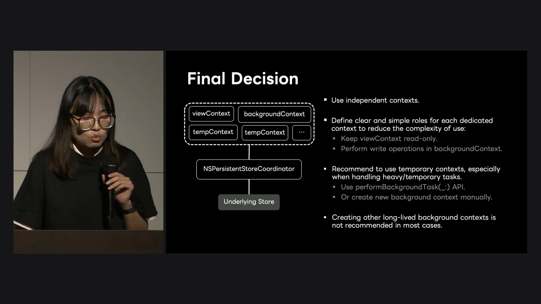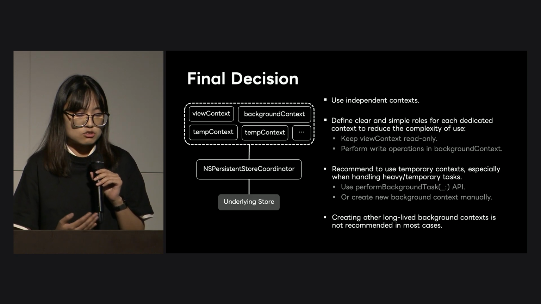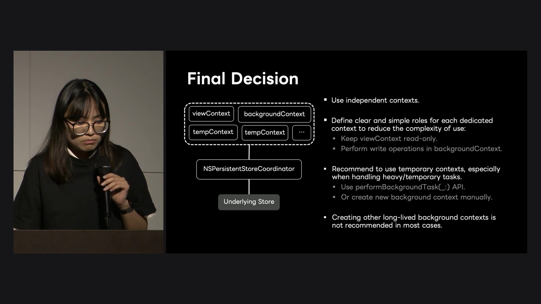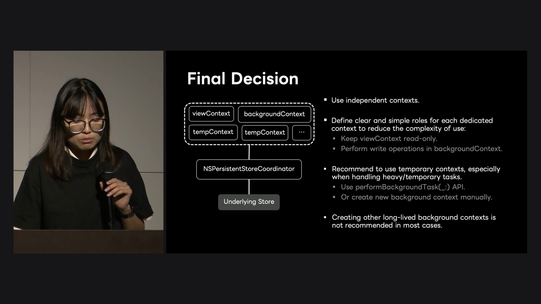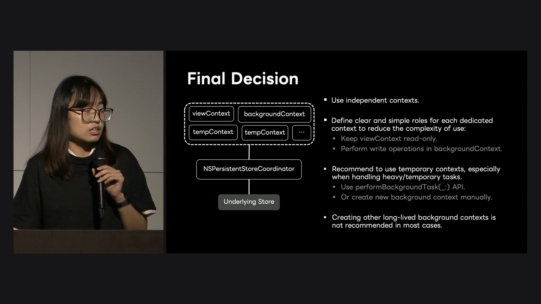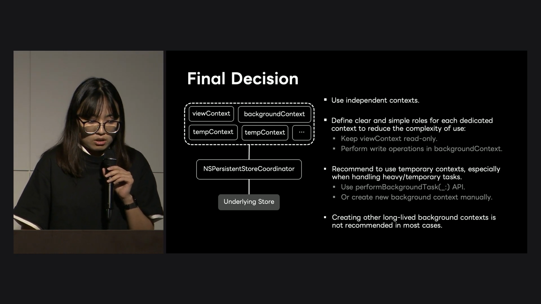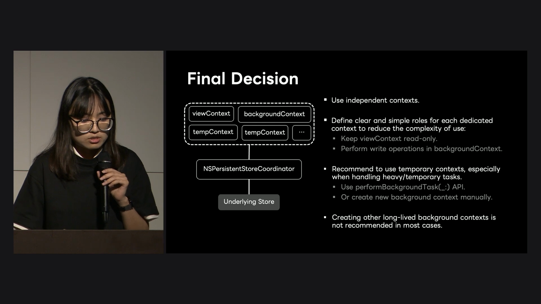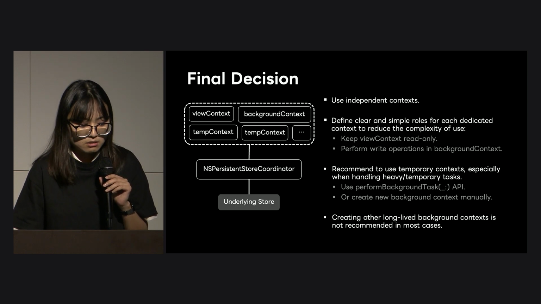Here is our solution. Finally, we made this decision to use the independent context structure as our foundation because this structure is simpler, cleaner, and more flexible, while still keeping the benefits we needed for concurrency and performance. Based on this structure, we defined clear roles for each context, like keep the view context read-only, and perform write operations always in the background context.